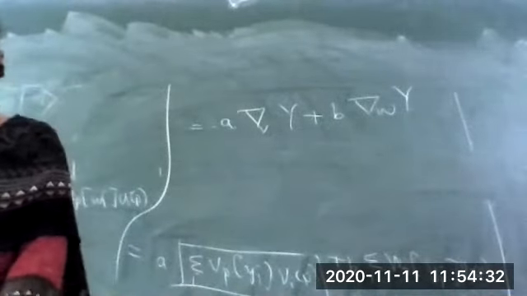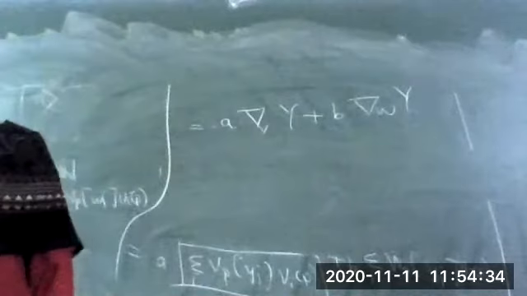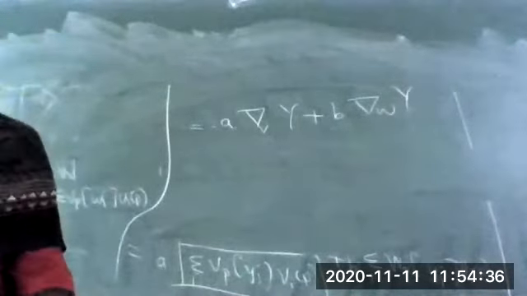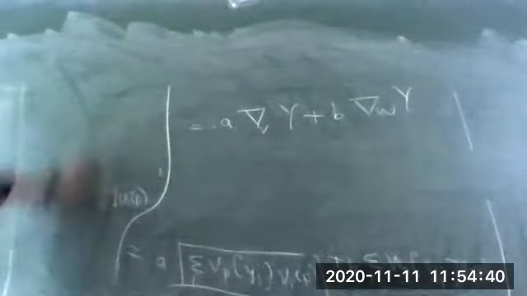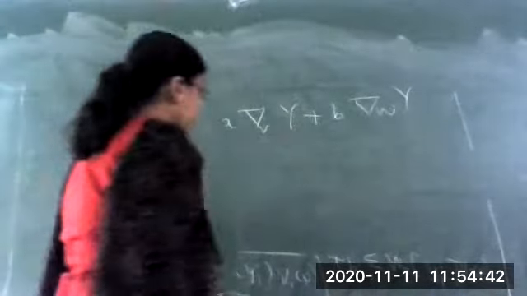So similarly, we have to solve for the next three properties also. Okay, let me write down those three properties. What is the next property?